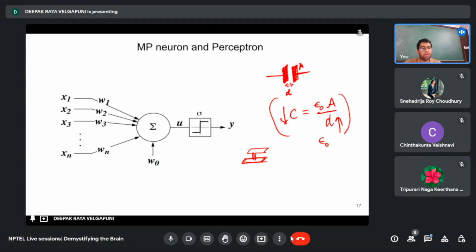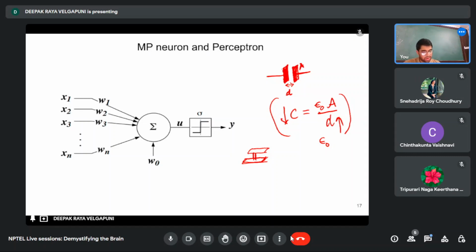If some problem is asked based on this, like if the membrane thickness is increased, what happens, or the area of the plate is increased, then this is the equation you have to use, where capacitance is proportional to the area of the capacitor plate and inversely to the distance between the plates.